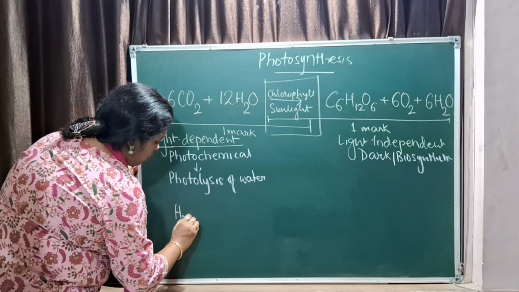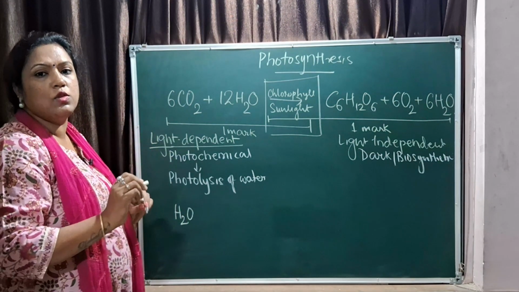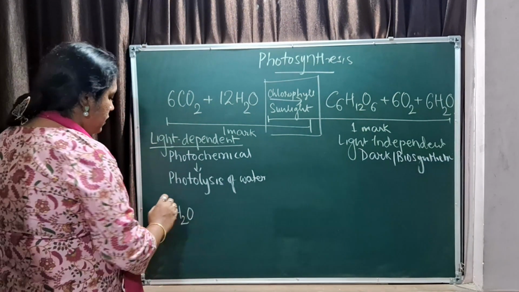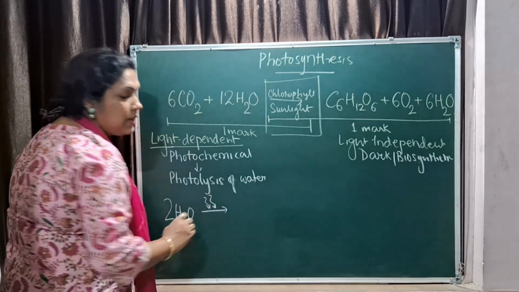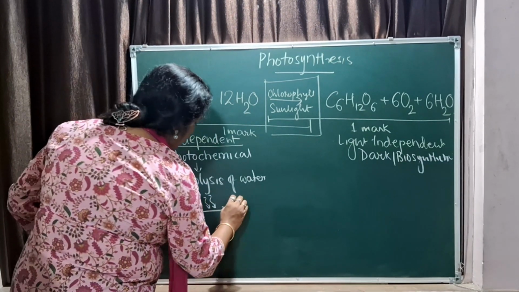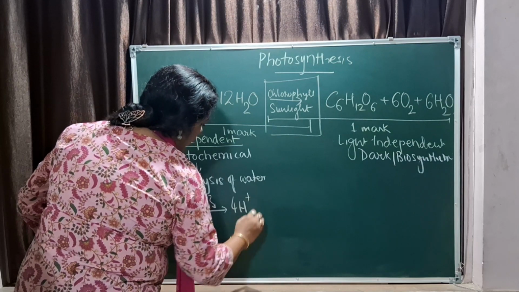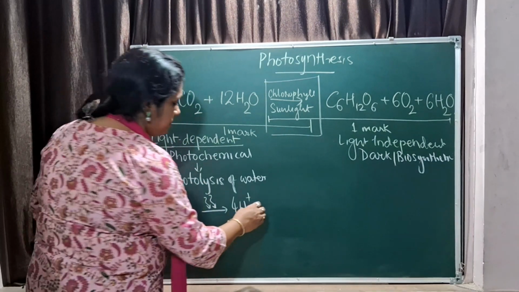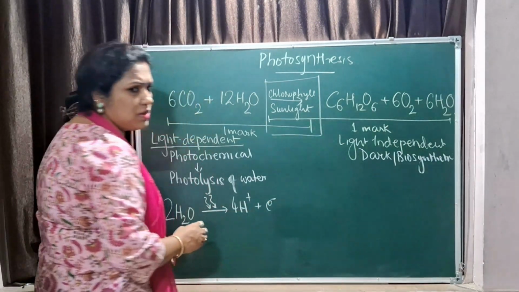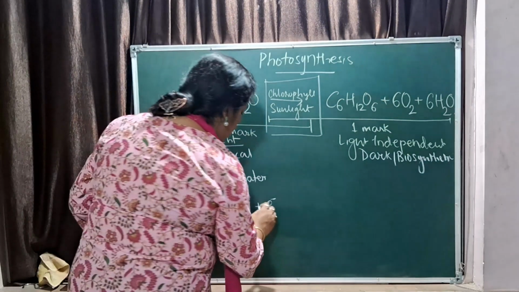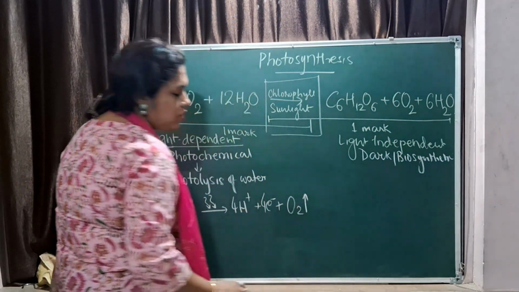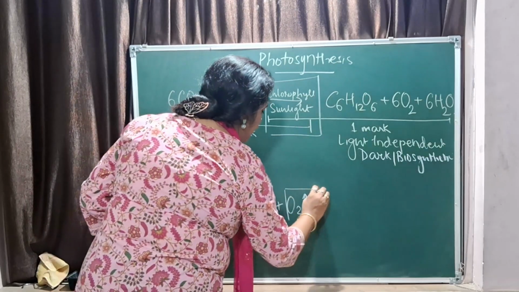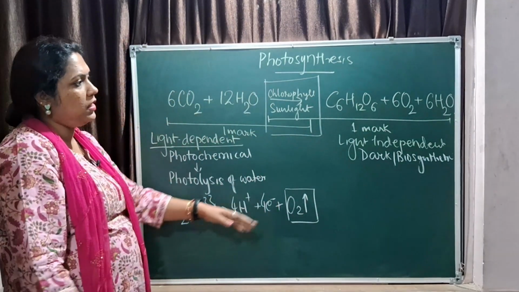What happens in photolysis of water? The H2O molecule breaks in the presence of photon, that is light, to produce 4 hydrogen ions, 4 electrons and oxygen gas. So this is the byproduct of photosynthesis which is released.